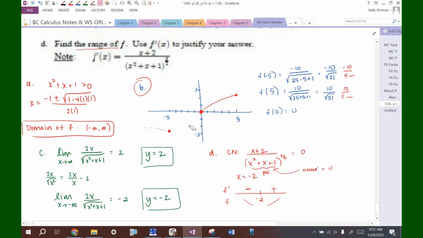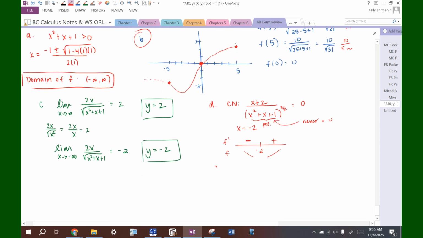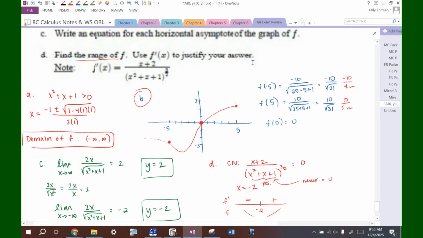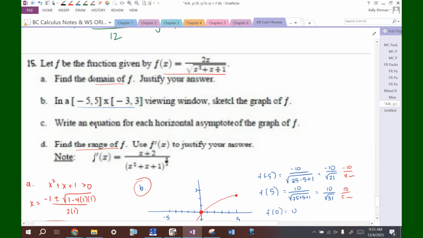So I really need to reevaluate the way I did this problem, because at negative 2, apparently it dips down like this, does one of these. Okay, so what is the range? Well, we need to find f of negative 2 because that is the lowest point. I know that every point after that, the graph is starting to approach the horizontal asymptotes. So back to f.